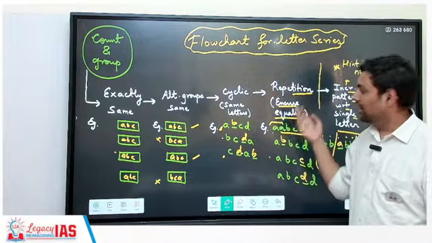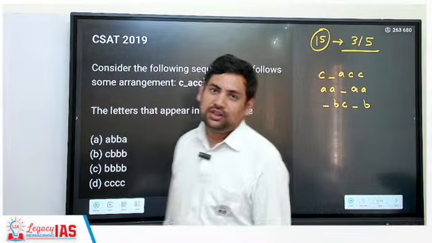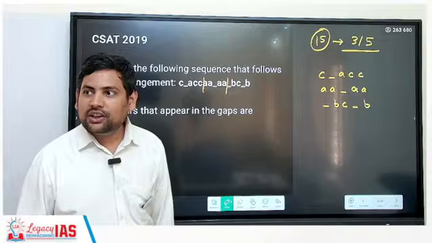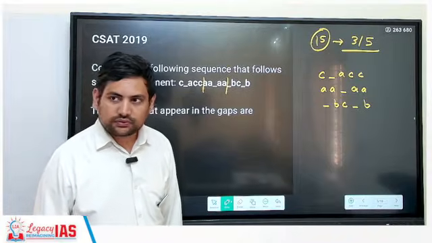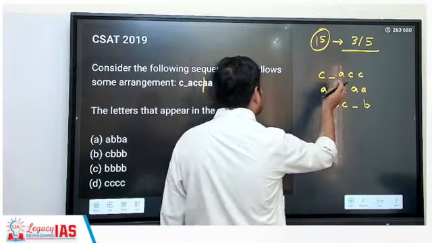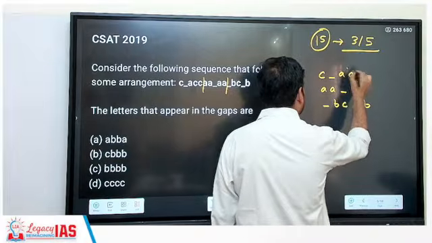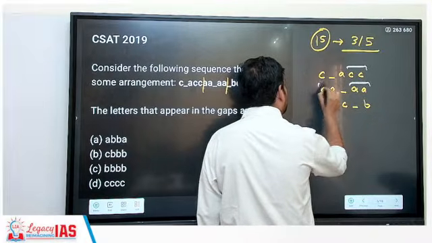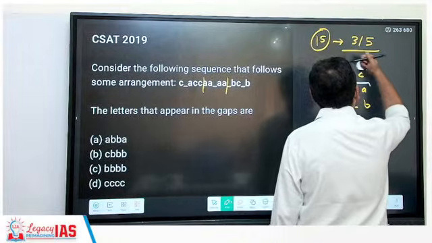Next thing is the repetition. Now you're the king. You ensure equality for all the letters. So let's try to create equality for all the letters. You see here that you have two C's here. You have two A's here and two A's here. Now let's see with A only.